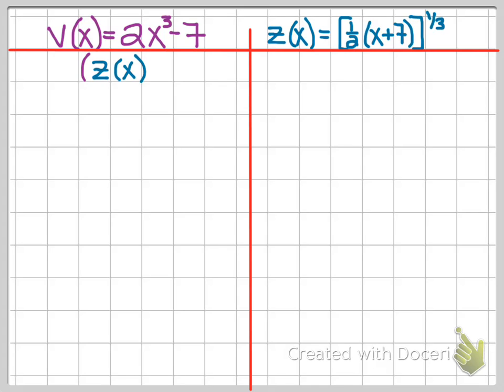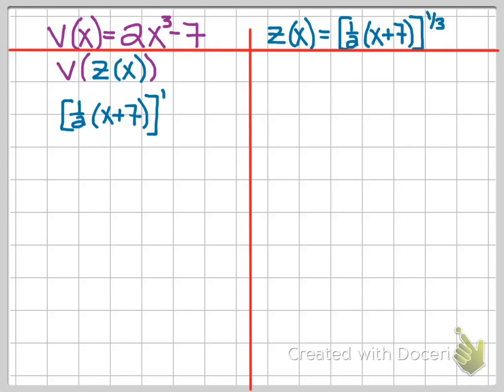So I want to take z of x and I want to compose it within v of x. Everywhere that there originally is an input quantity, I'm going to replace it with my entire function z.